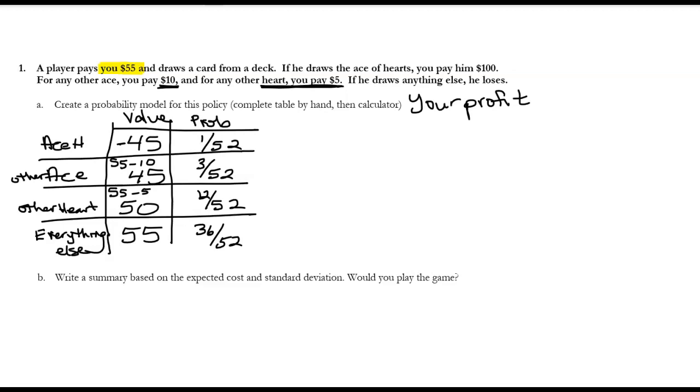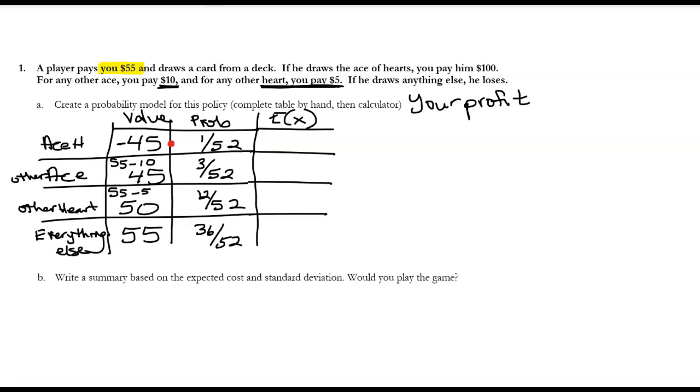Okay? And what I'm trying to find out is my expected profit. In the long run, how much money will I earn by having this game? So now we do our E of X. We're going to do negative 45 times 1 over 52. We're going to use our calculator.